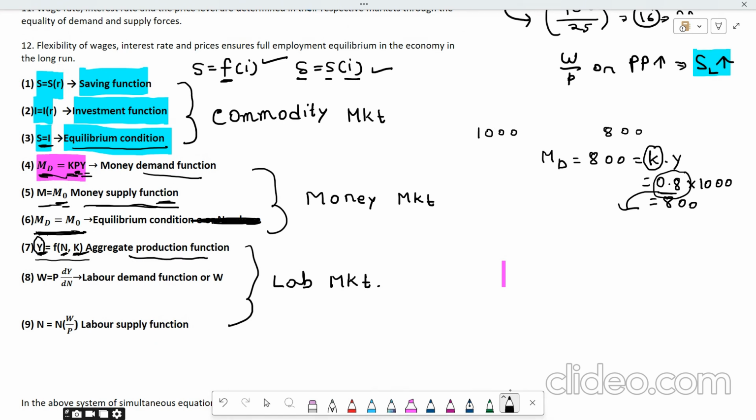And labor demand function. The labor demand function is very interesting, let me explain it.